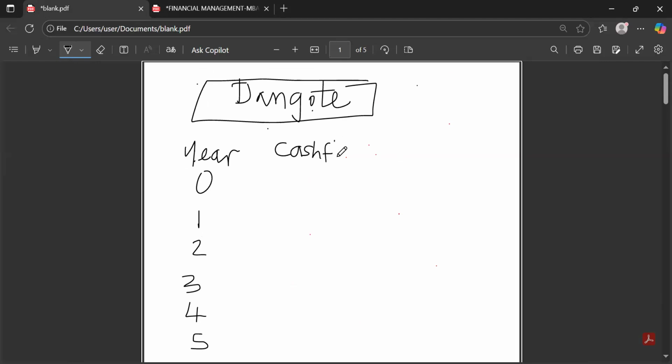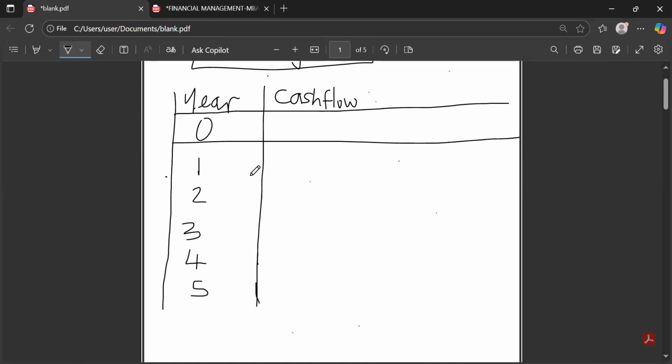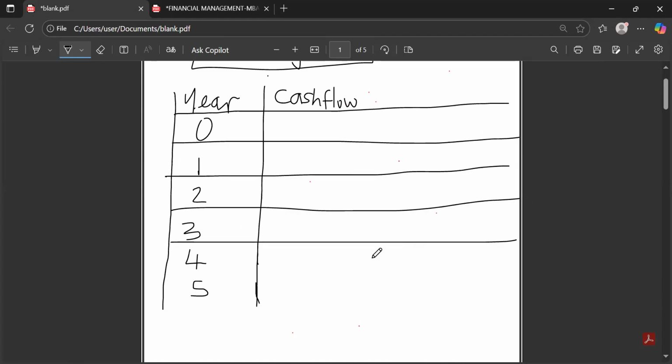So the cash flow. So let's use the financial tables. Let's calculate the NPV1 first of all. Let's move on because we go back to the question.